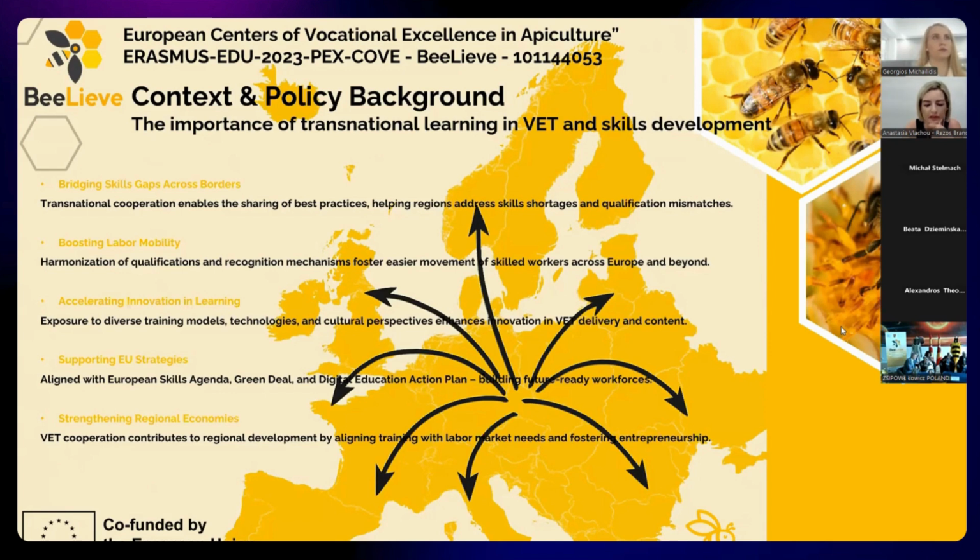It also accelerates innovation by exposing learners and educators to diverse methodologies, technologies, and cultural contexts. All of these align with EU strategies like the European Skills Agenda, the Green Deal, the Digital Education Action Plan, by preparing future-ready, adaptable workforces.